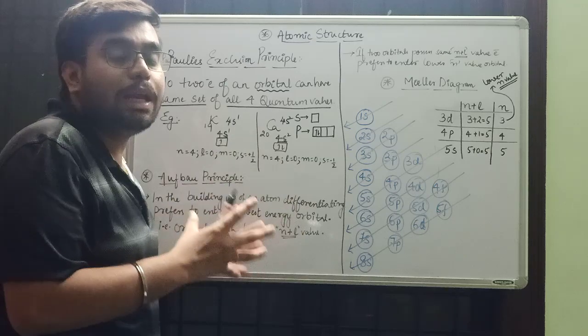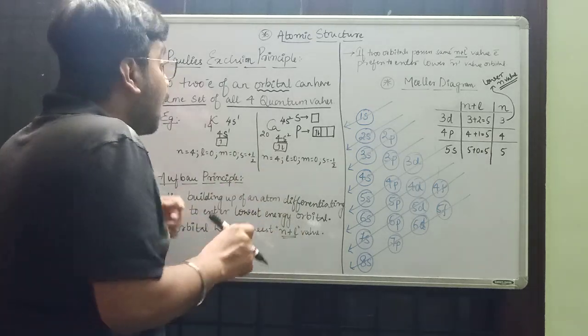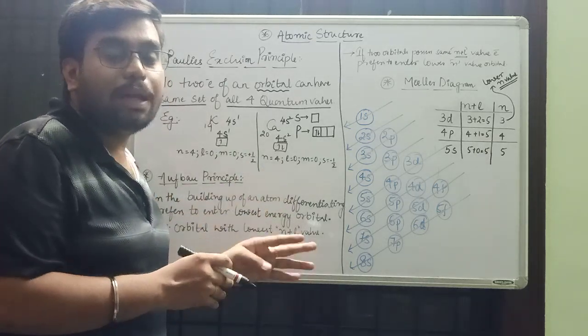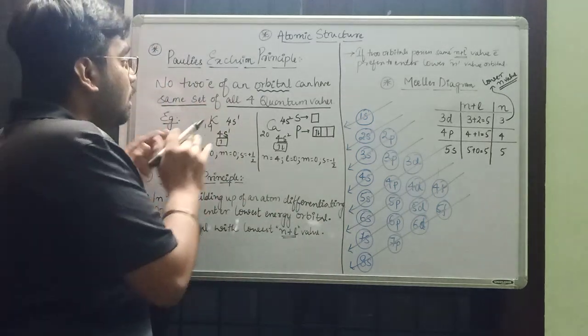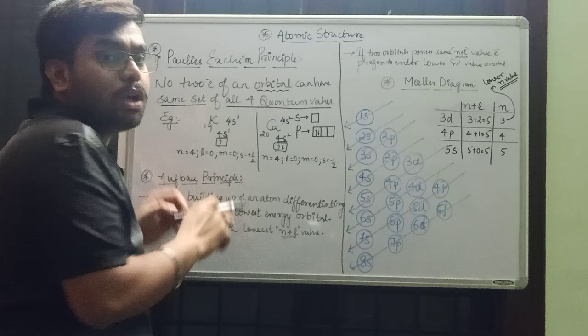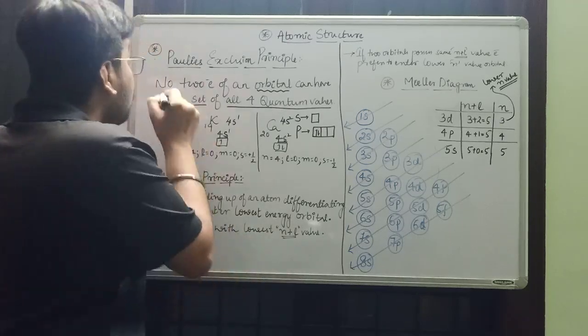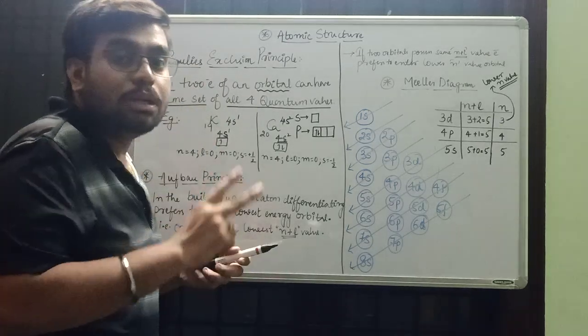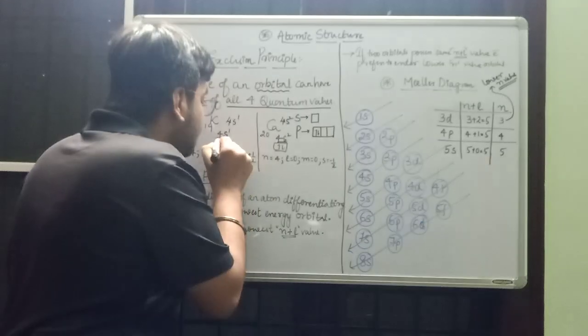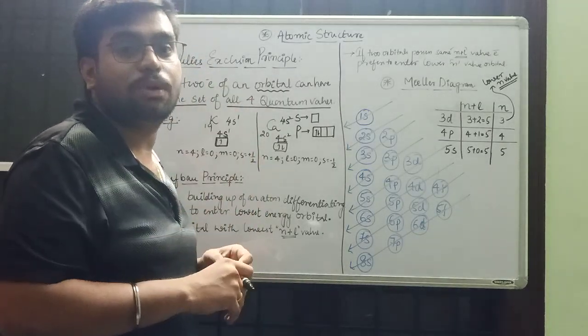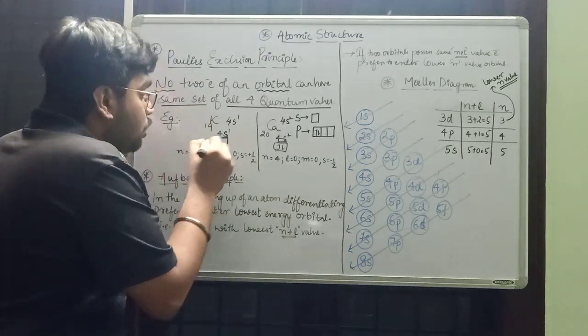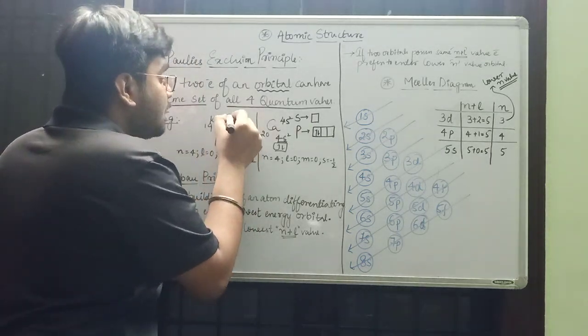How are the quantum values of a single orbital? Are all 4 quantum values the same or not? No 2 electrons can have the same set of quantum values. That means no 2 electrons in a single orbital can have the same set of 4 quantum values, right? So for 4s1, what is n?